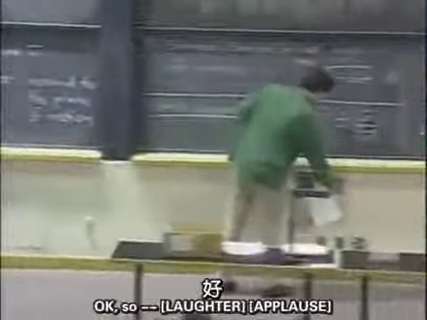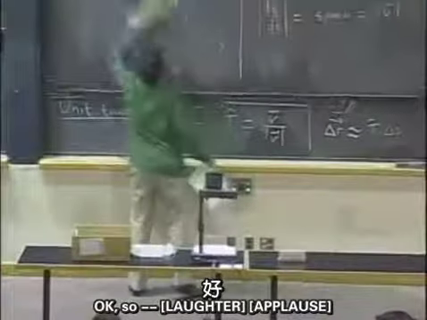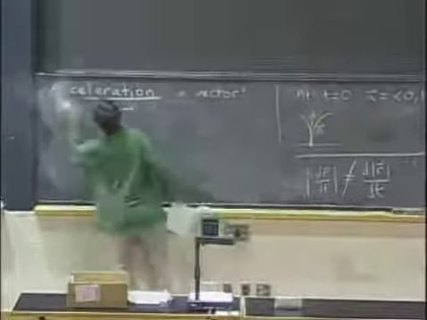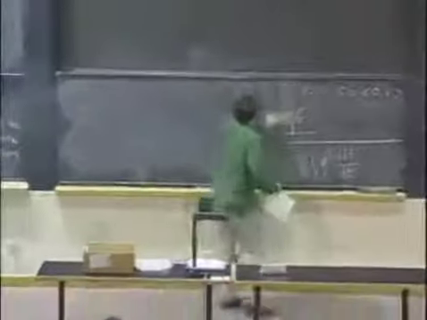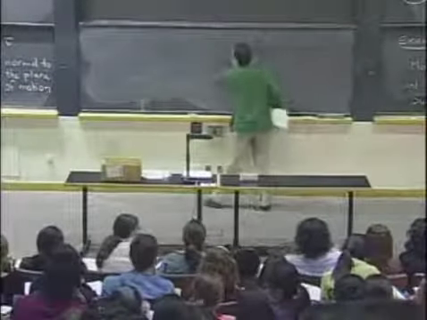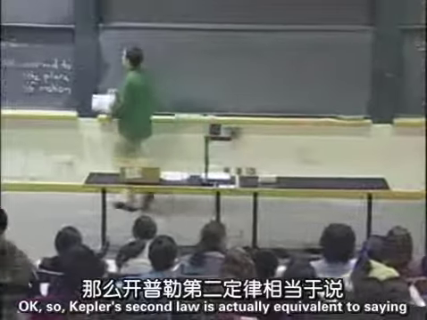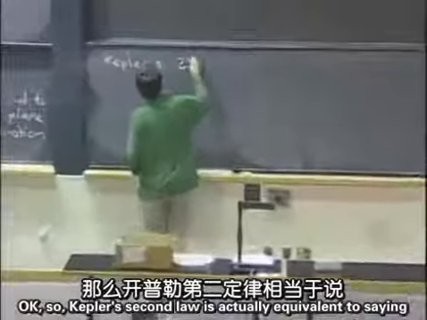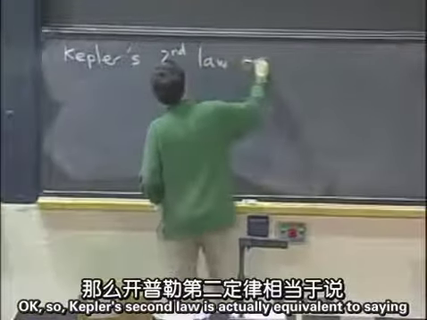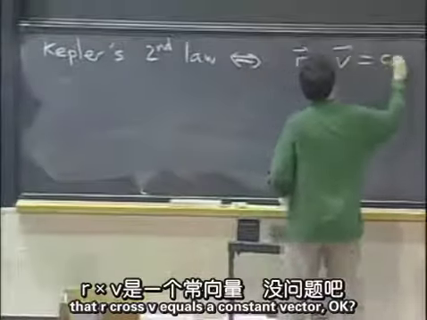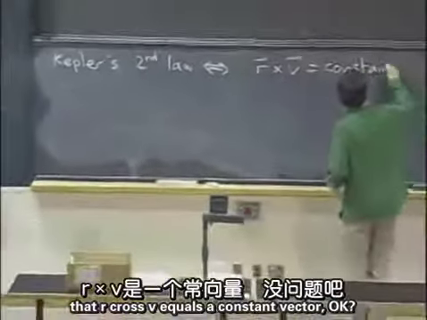Okay, so Kepler's second law is actually equivalent to saying that r cross v equals a constant vector.